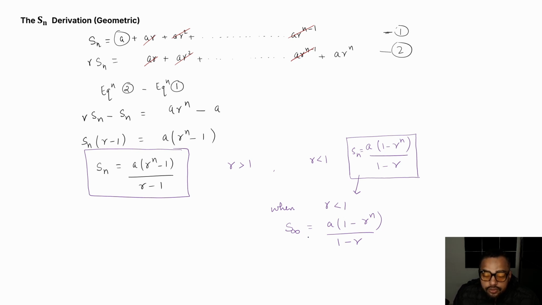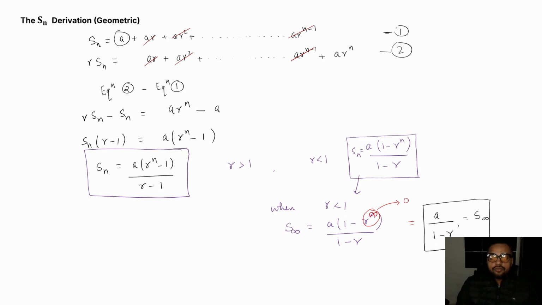For infinity terms, students, we know that if a number is between 0 and 1, its power is n, meaning it is getting multiplied n times, here infinity times. So if r lies between 0 and 1, what will be the value of this particular term? It will be 0, so this term gets cancelled. We'll get a by (1 minus r). So this is S infinity, the sum to infinity of a geometrical progression series.